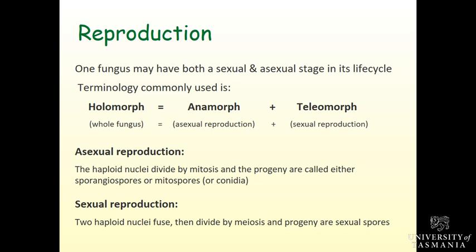So, for instance, late blight in potatoes, a nasty, horrible disease. It's not as nasty a disease here in Australia, and our main reason for that is that we only have one mating type.